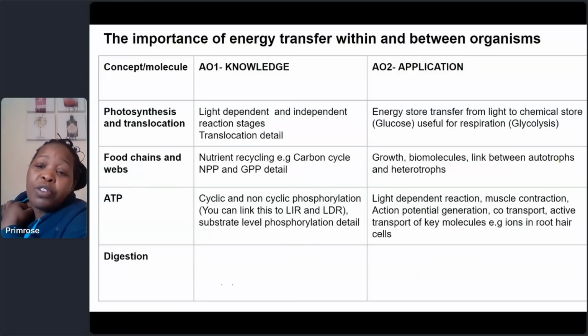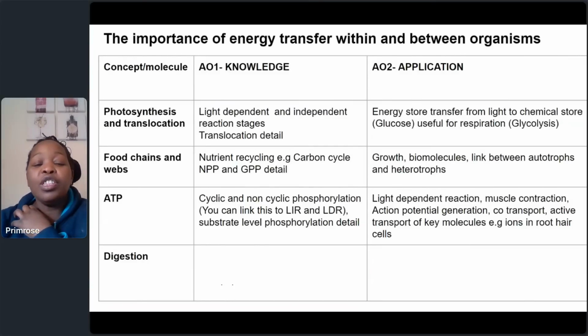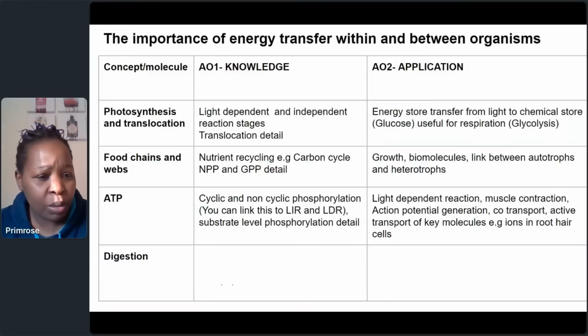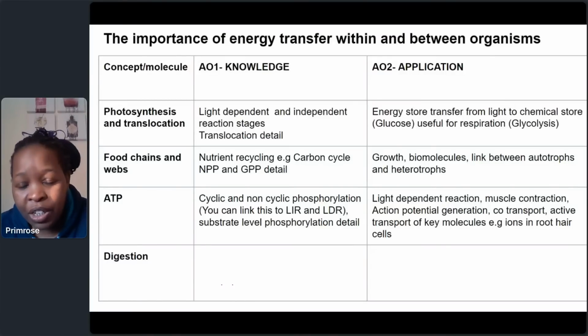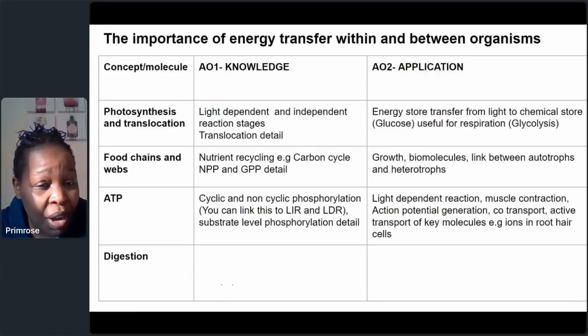You could talk about co-transport. You could talk about ion transport in the root hair cells. There's so much that you could mention, and notice these are linking. So we started with macromolecules almost, and we're going into smaller molecules, but we're still linking in. You could link ATP and the use of it in terms of making biomolecules like nucleic acids as well.